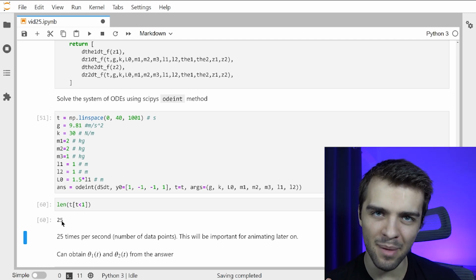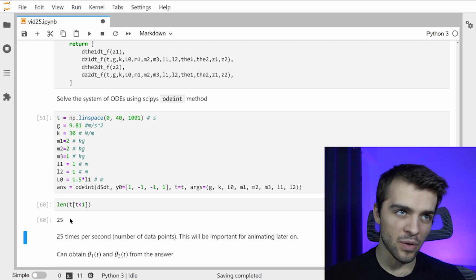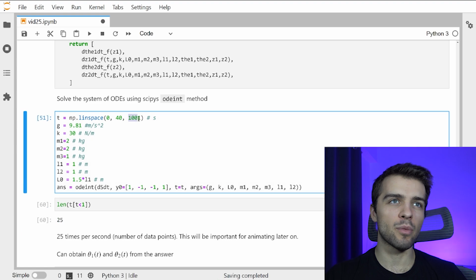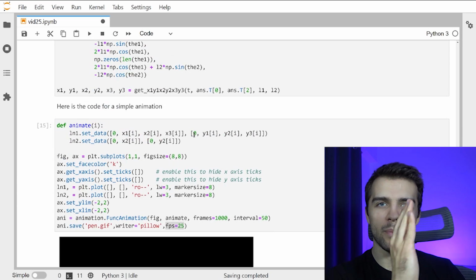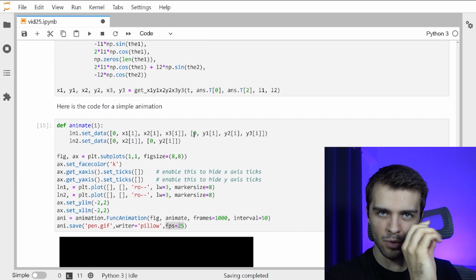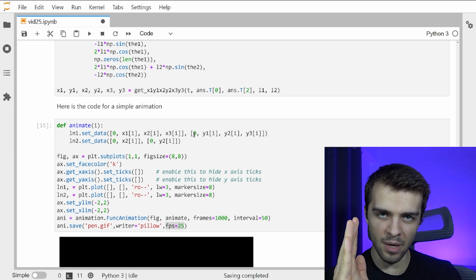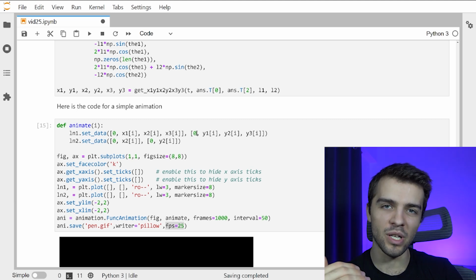So if I save my animation at 25 frames per second, since there's 25 times per second, it's in real time. Now, if there were twice as many times in 1 second, and I were to save it at 25 frames per second, then it would be going in half speed, because it would only go from 0 to 0.5 seconds per 25 frames. So I specifically do this so that it plays in real time.